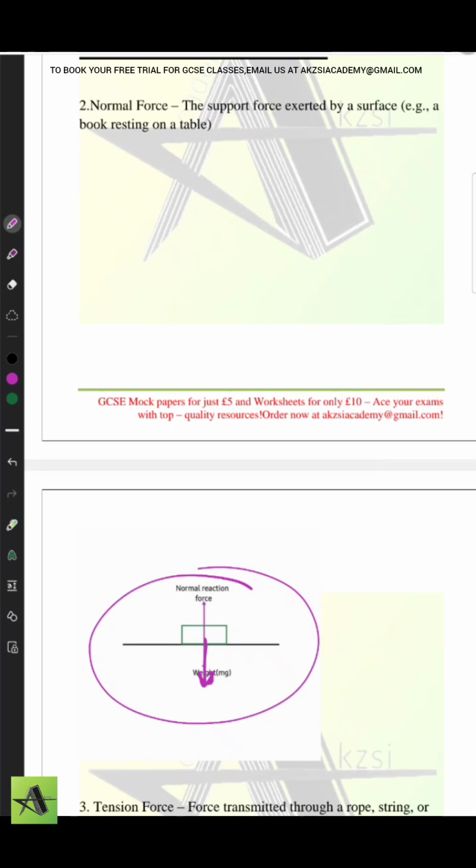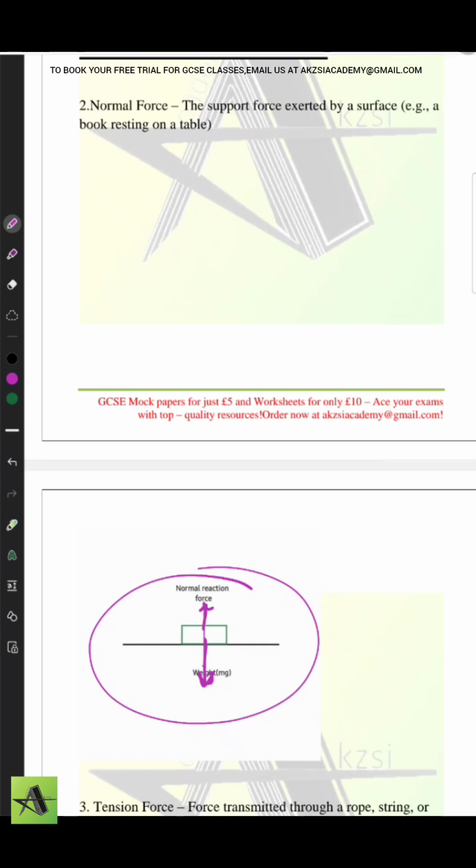The force that opposes your weight is your normal reaction force, the normal contact force. This is generally between solid surfaces. This book is a solid one, this table is a solid one. When the book is exerting weight on the table, the opposite force given by the table is this normal reaction force.